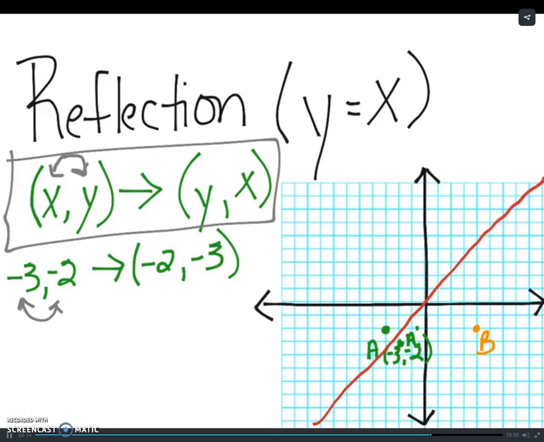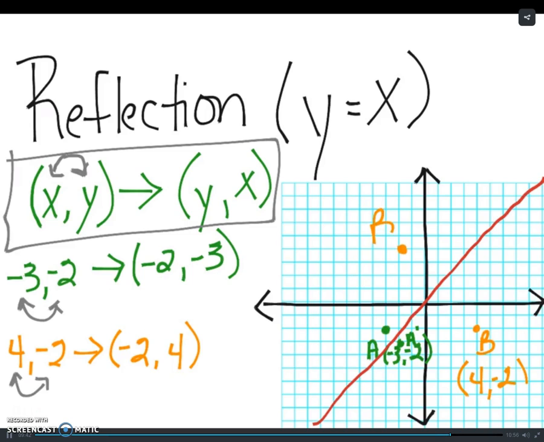When we go to do B, the coordinates of B are (4, -2). We start with our original coordinates, and we're going to switch them. They just switch locations. So our new coordinates are (-2, 4). So we're going to start back at the origin. We go back 2 and up 4. This is our new location for B.